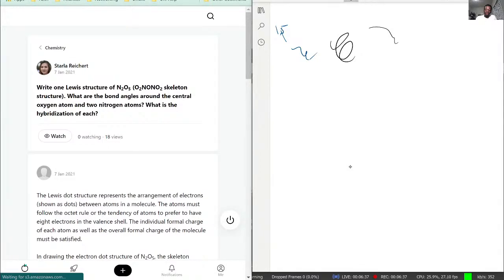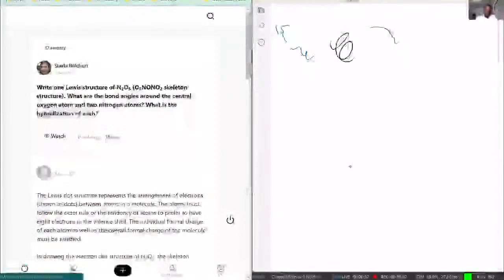For number 15, we have: write one Lewis structure of N2O5, and what are the bond angles around the central oxygen atom and the two nitrogen atoms, and what is the hybridization of each. So N2O5, they did give us a good hint, thankfully, where it's O2NONO2.